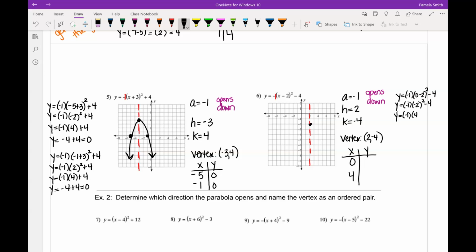Negative 1 times 4 minus 4. So negative 4 minus 4, which is negative 8. And that makes sense because I expect this to open downward. So to get 0, negative 8 makes sense.